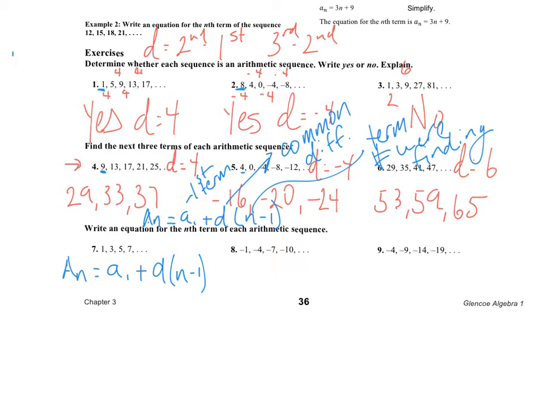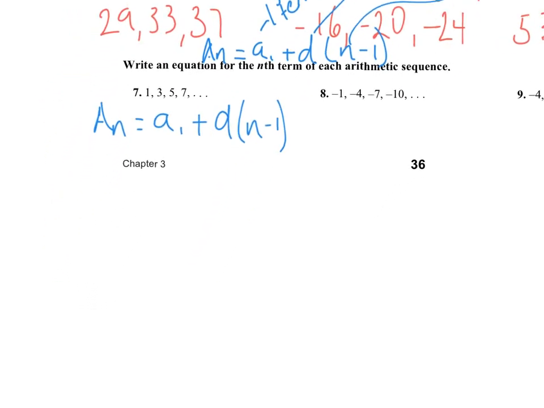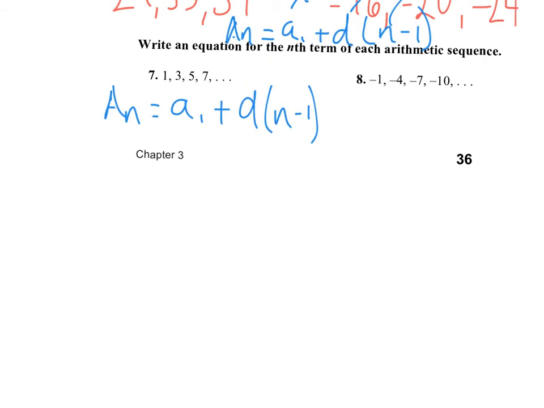All right? So take a look here. I'll zoom in a little bit. And I would say we have a common difference of 2. Do I know what the first term is? Yes, I do. It's 1. So now we replace our formula, so it looks like this.